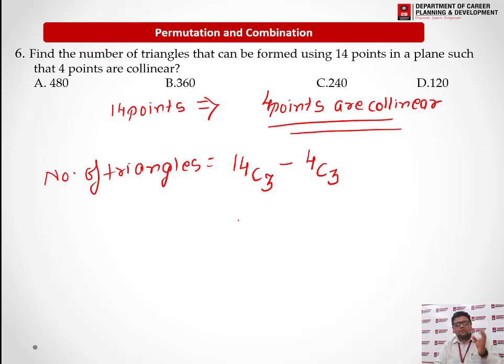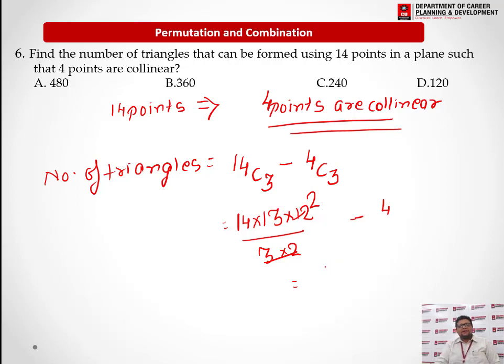So the answer will be 14C3 minus 4C3. We can solve this value. It will be 14 into 13 multiplied by 12 divided by 3 into 2. We can cancel this. It will be 2 minus 4, and 4C3 we can say directly is 4. So we can solve this value and directly find our answer for the number of triangles that can be formed.